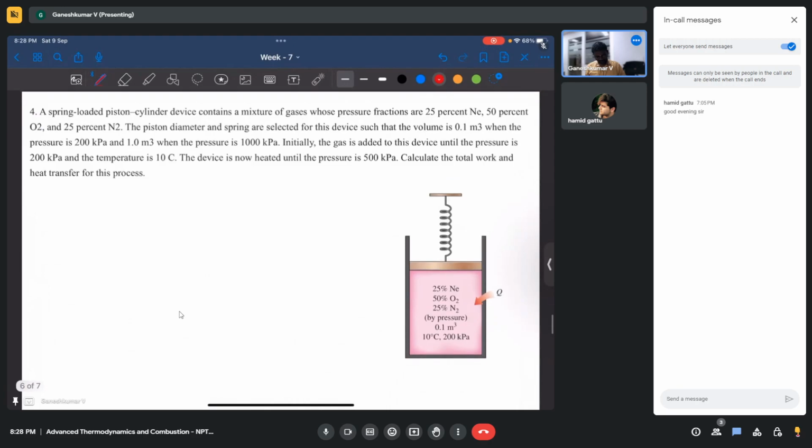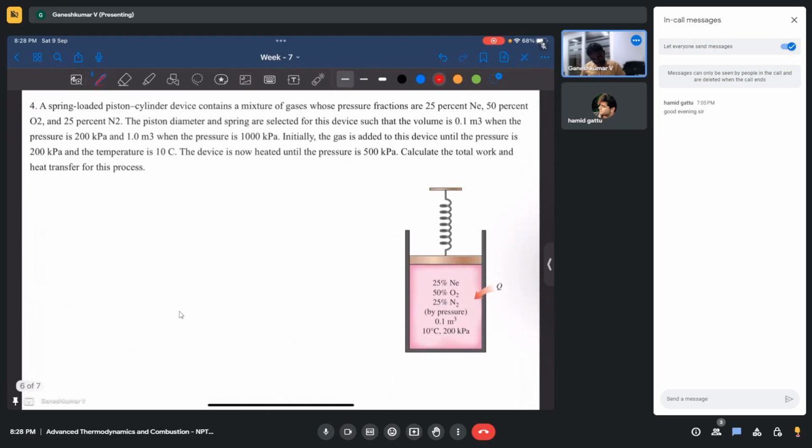We have one more final problem. I think we already did this problem, but for a pure substance, where there will be a spring loaded piston, constantly heating, and then it will expand. A piston cylinder device contains a mixture of gas whose pressure fractions are given. Now here we have pressure fraction.